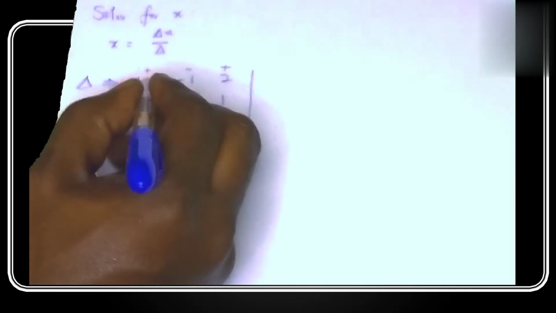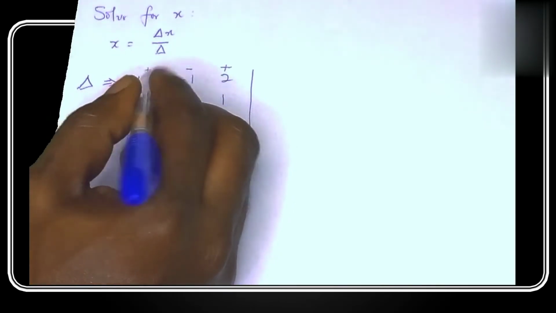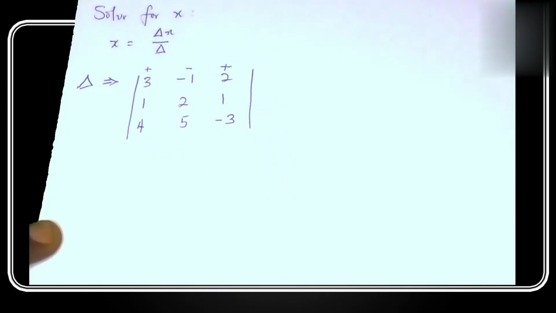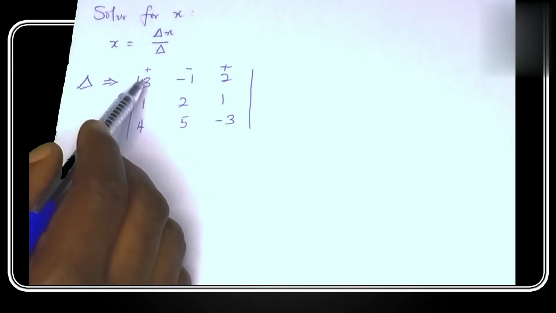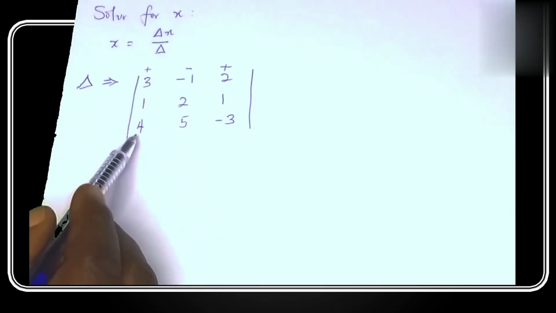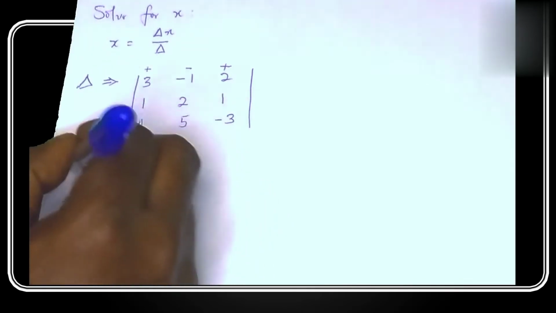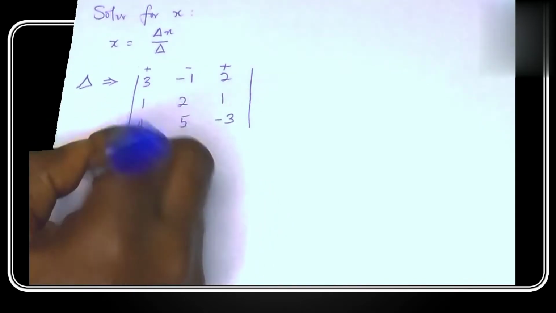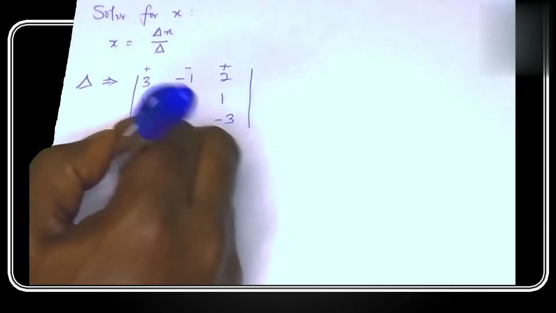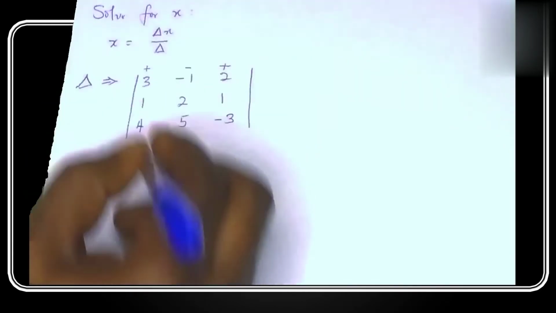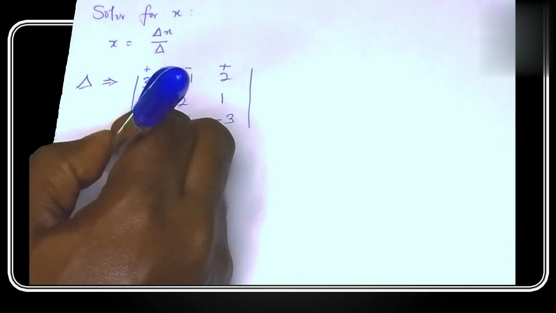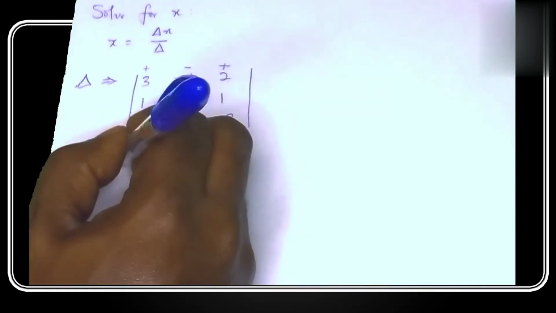Now what do we do? We choose one. Basically, I like to choose the first one of every column. So now I'm choosing 3 to stand outside here. Since it has been attached to a positive sign, we leave it as 3, or if you like, you put +3.